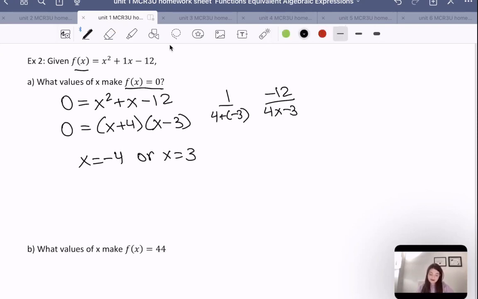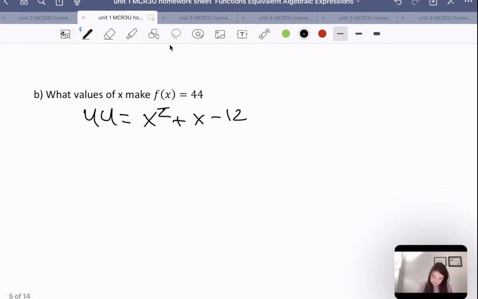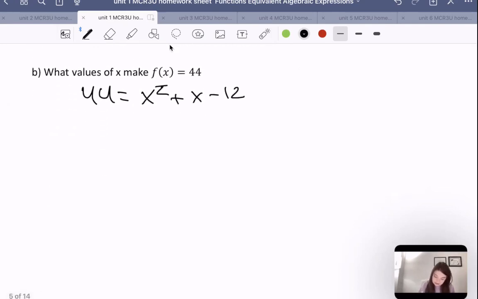All right, here it says, what values of x make f of x equal to 44? So 44 is equal to x squared plus x minus 12. Okay, so let's do it. Therefore, 0 equals x squared plus x minus, would be 56? Yeah, minus 56.